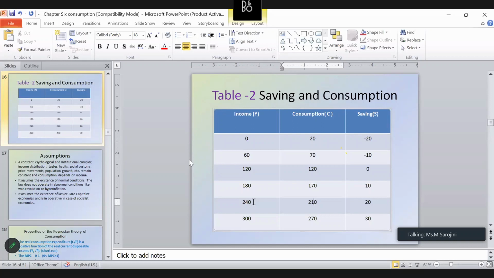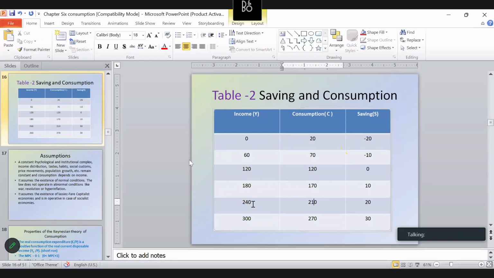Consumption also increases by 40, and saving also, 60 minus 40, 20 goes as saving.